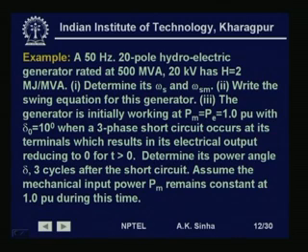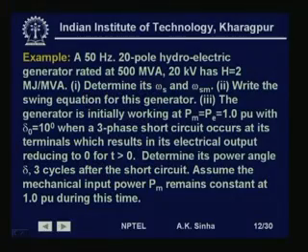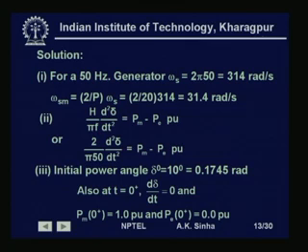So, this says determine its power angle delta 3 cycles after the short circuit, assume the mechanical input power Pm remains constant at 1 per unit during this time. This is what we said. Normally, the mechanical power input does not change in this short period and therefore, we are assuming it to remain constant at 1 per unit.